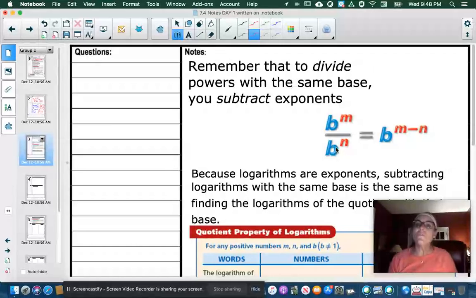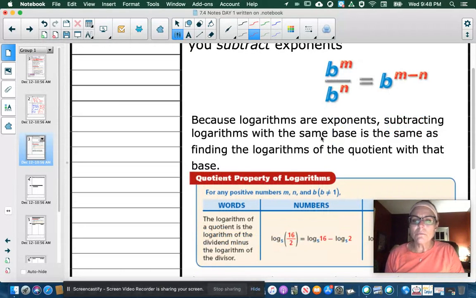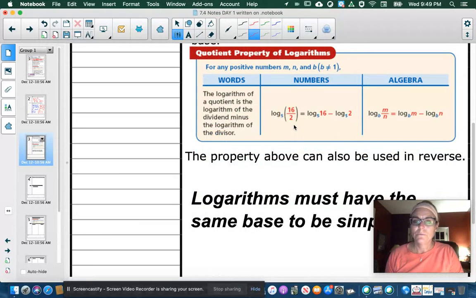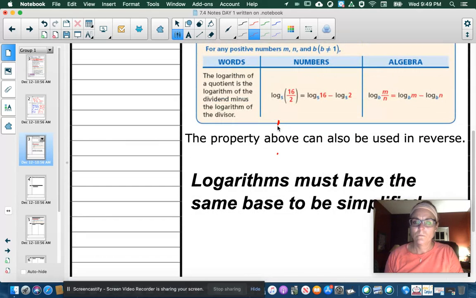Remember that to divide powers with the same base, you subtract their exponents. Because logarithms are exponents, subtracting logarithms with the same base is the same as finding the logarithm of the quotient with that base. So here's an example.